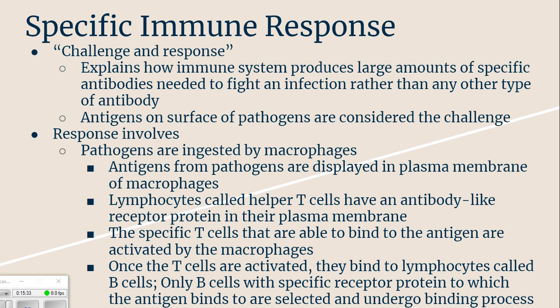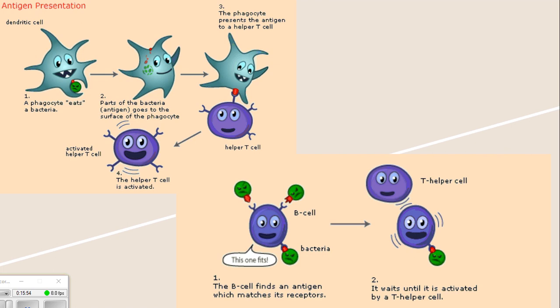So once the T cells become activated, they will then go and interact with a different group of lymphocytes called B cells, which have their own antibody-like receptor on their cell surface. And if their antibody-like receptor is specific to that antigen, they will become activated. So it's a very complicated process. This diagram tries to simplify this process here.